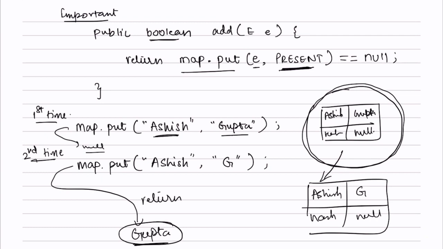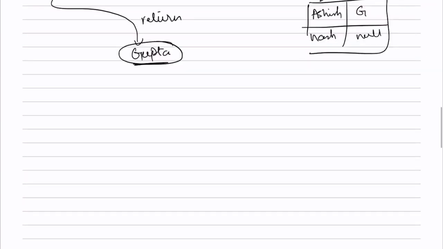Similarly, there will be a get operation which is almost similar, so you can go through that on your own. And also there is a contains method, which is a bit different. So let's do it: public boolean contains, and this takes an Object o.